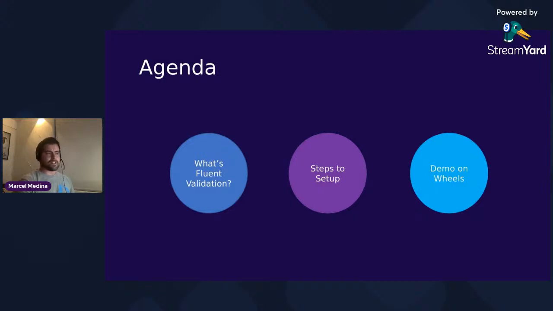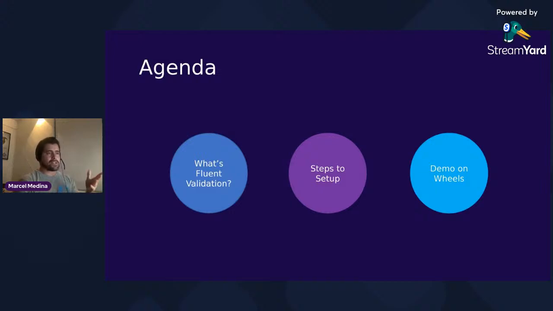Yeah, let's get started. So with the Fluent Validation, this is the agenda. This session shouldn't take that long. I reckon it could take maybe half an hour, 45 minutes, depending on questions and answers if we have them.